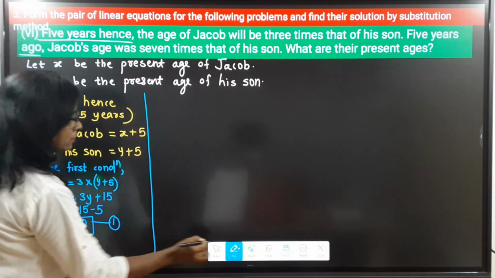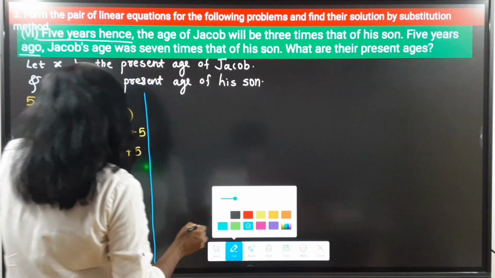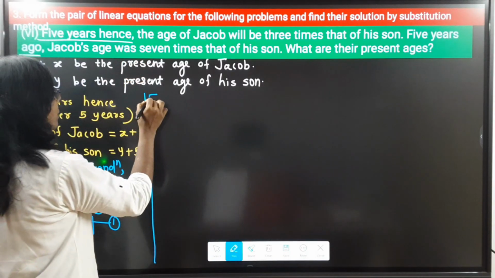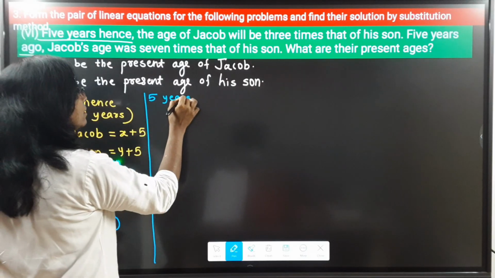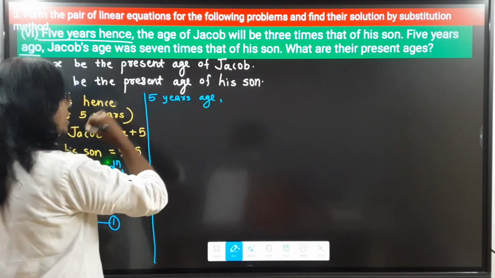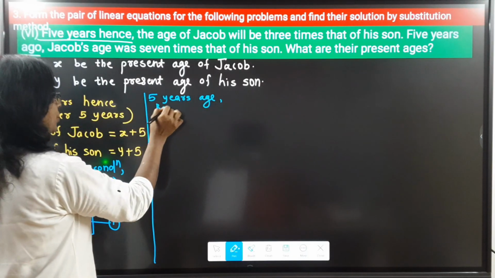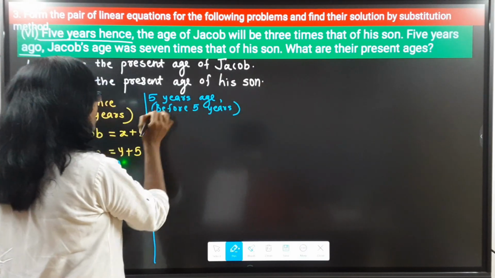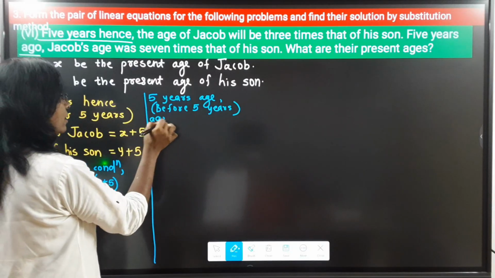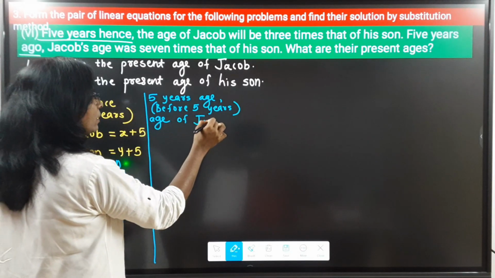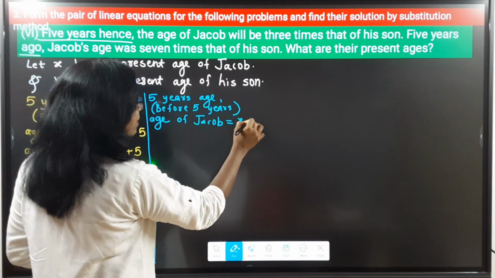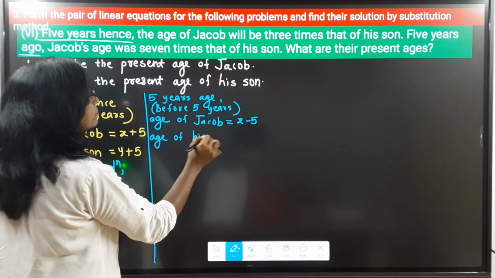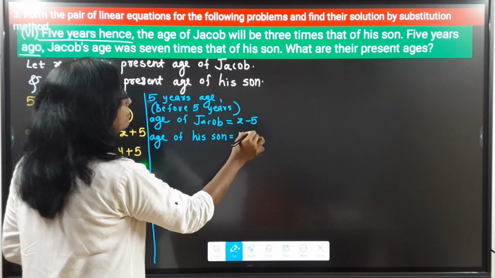Then the next part, students, I mentioned here 5 years ago. 5 years ago means before 5 years. So before 5 years, the age of Jacob is equal to x minus 5, and the age of his son is equal to y minus 5.